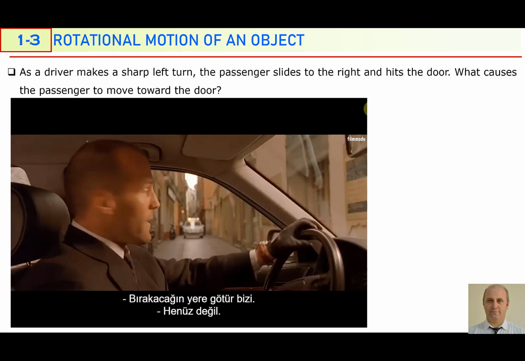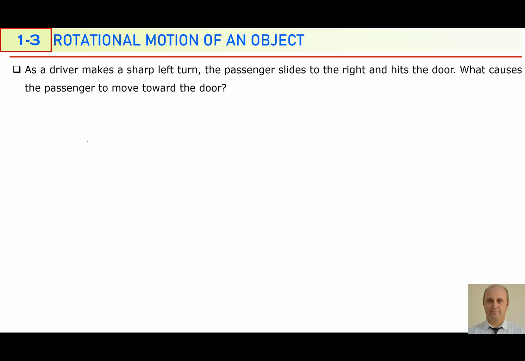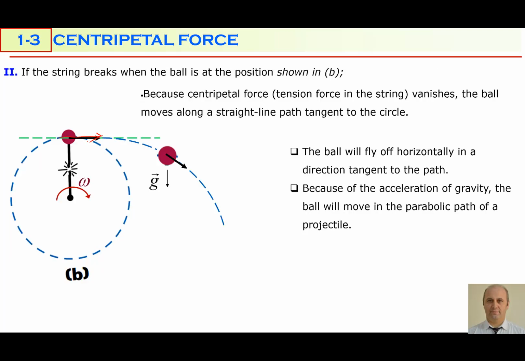A good example for this one is a car turn. As the driver makes a sharp left turn, the passenger slides to the right and hits the door. What causes the passenger to move towards the door? This is the one question. In fact, this is also related to this case.